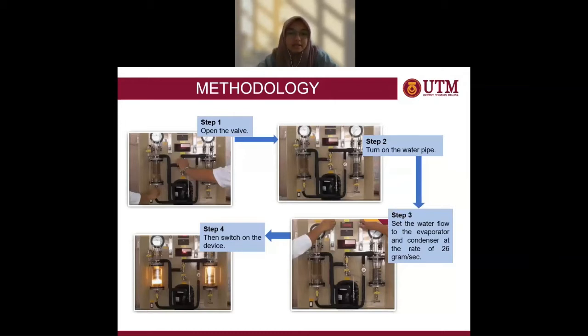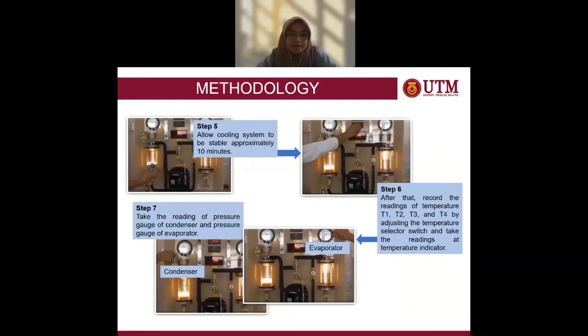Step 2, turn on the water pipe. Step 3, set the water flow to the evaporator and condenser at the rate of 26 grams per second. Step 4, switch on the device. Step 5, allow the cooling system to stabilize for approximately 10 minutes.